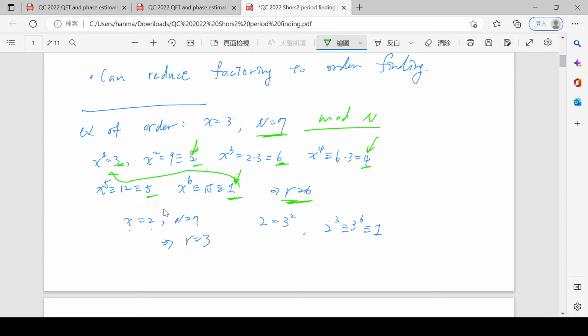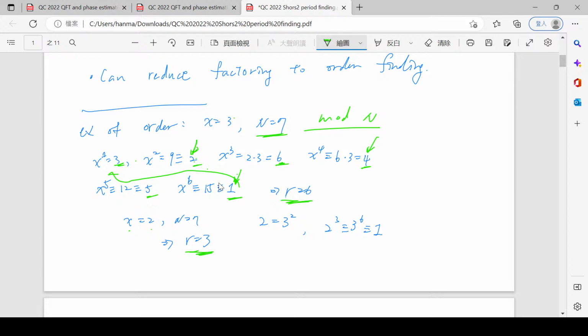So 2, 4, and 8 mod 7 equals 1. And so you see that the order of 2 is going to equal 3. So this is going to be a different number for different x.